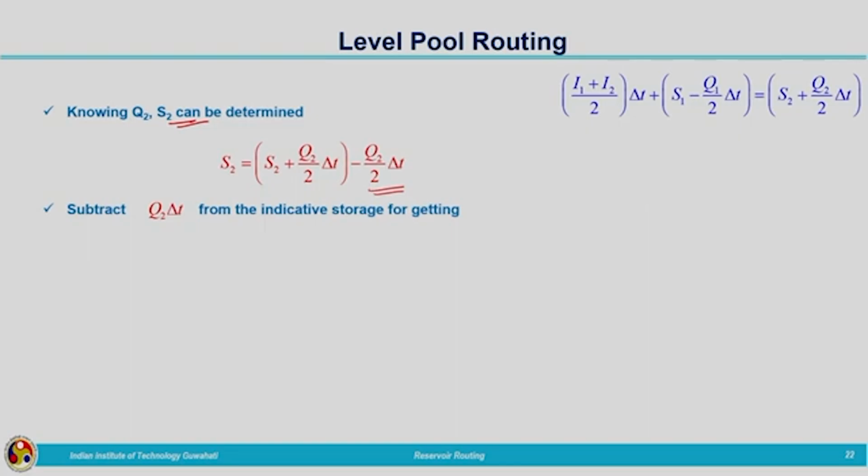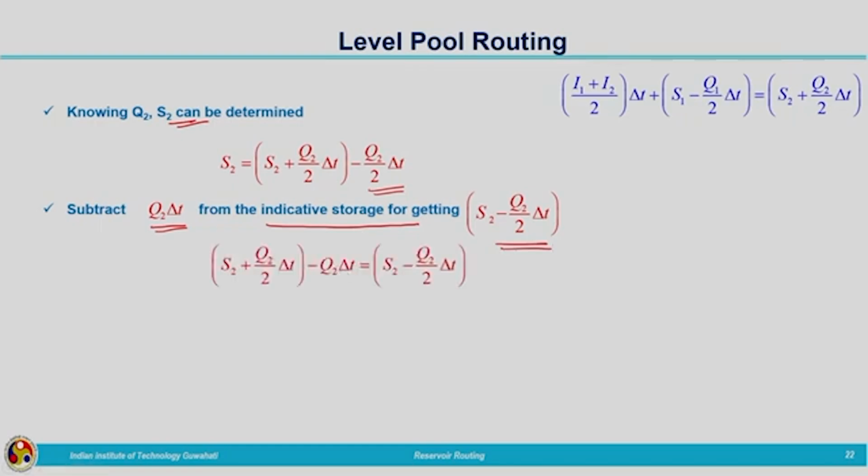Now, we will subtract Q2 delta T from the indicative storage for getting S2 minus Q2 by 2 delta T: S2 plus Q2 by 2 delta T minus Q2 delta T. What will that be?